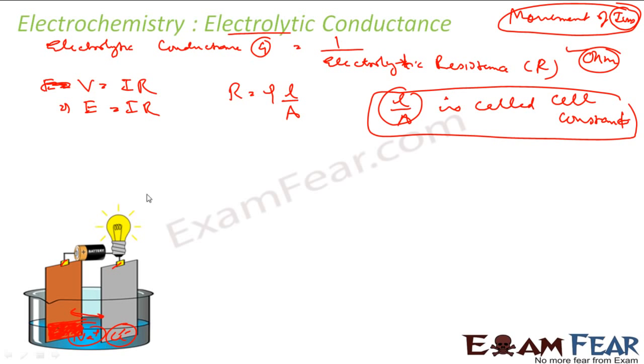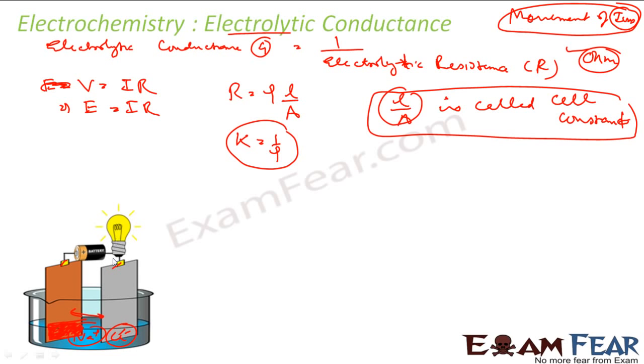The other formula which we studied was kappa is equal to 1 by rho. This is true here also. Please note, pure water has very, very low conductivity. The bulb may not glow, but if we dissolve electrolytes in it, for example NaCl, the bulb will glow. The conductivity increases.